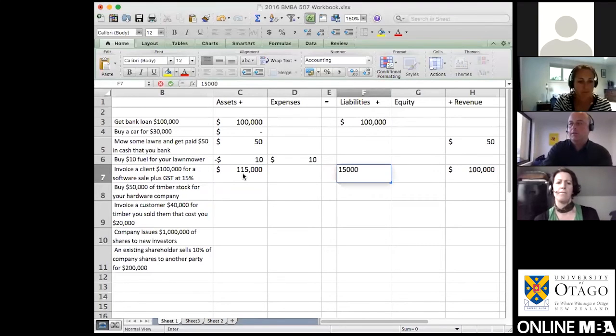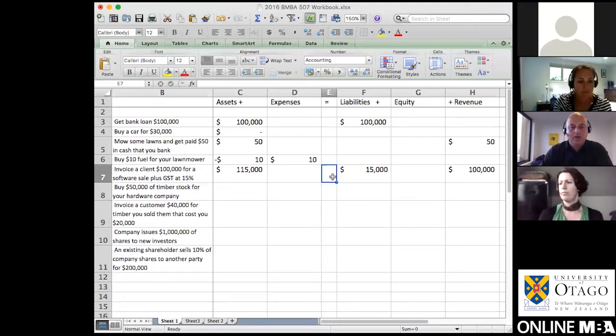Yep, like that. So what that's saying is, in a situation where you have a GST tax that goes on top of it, or even like a sales tax if you're in a different jurisdiction, our GST exclusive revenue is $100,000, but we've actually invoiced the client. So sitting in debtors, they actually have to pay us $115,000, and that's because it's the GST.